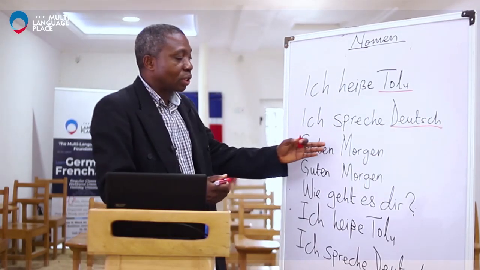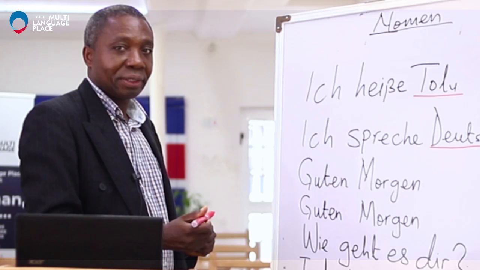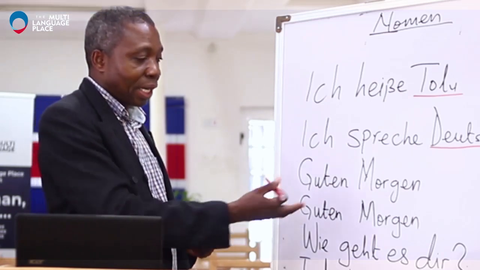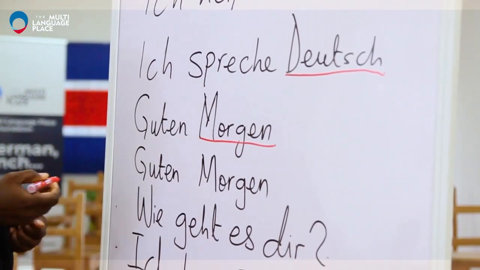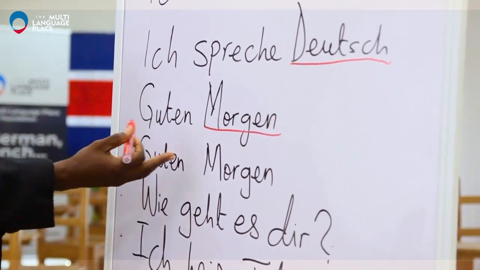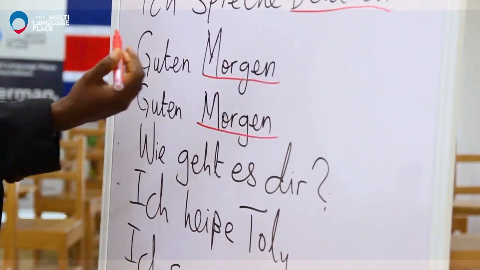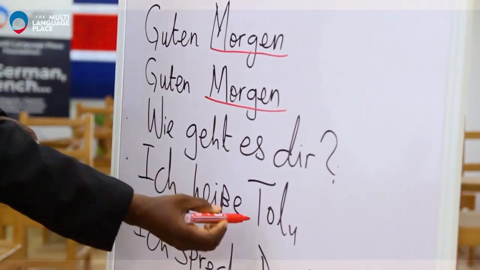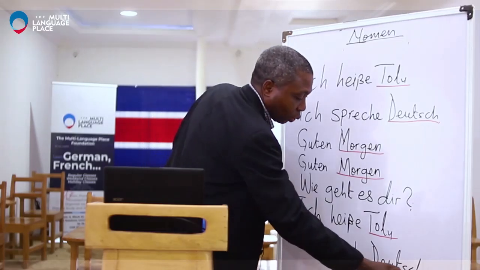And then Guten Morgen. Remember the definition of a noun, name of a place, animals, things. And here we have Guten Morgen. We see the noun here, Morgen. Guten Morgen. We see the noun here. Wie geht es dir? Ich heiße Tolu. Ich spreche Deutsch.